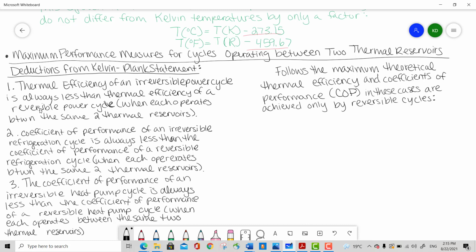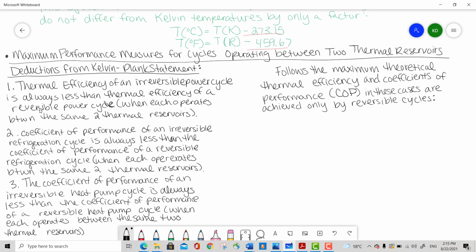Number two, coefficient of performance of an irreversible refrigeration cycle is always less than the coefficient of performance of a reversible refrigeration cycle, again, when each operates between the same two thermal reservoirs. And then lastly, the coefficient of performance of an irreversible heat pump cycle is always less than the coefficient of performance of a reversible heat pump cycle, again, when each operates between the same two thermal reservoirs.